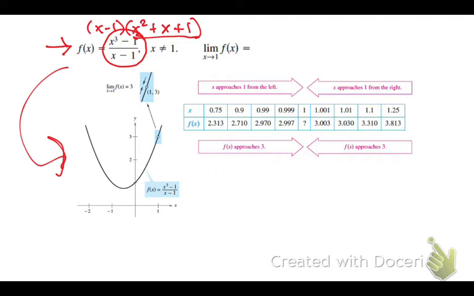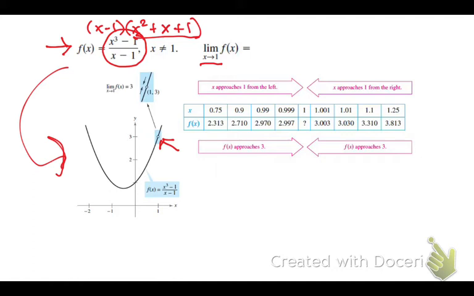So that's where we're going. It means approaching 1, not at 1, because what do we know at 1 this graph is? At 1, it's a hole. What does that mean it is? Undefined. Yes. So at 1, this graph is undefined. It doesn't exist. So I want to know what it's approaching.